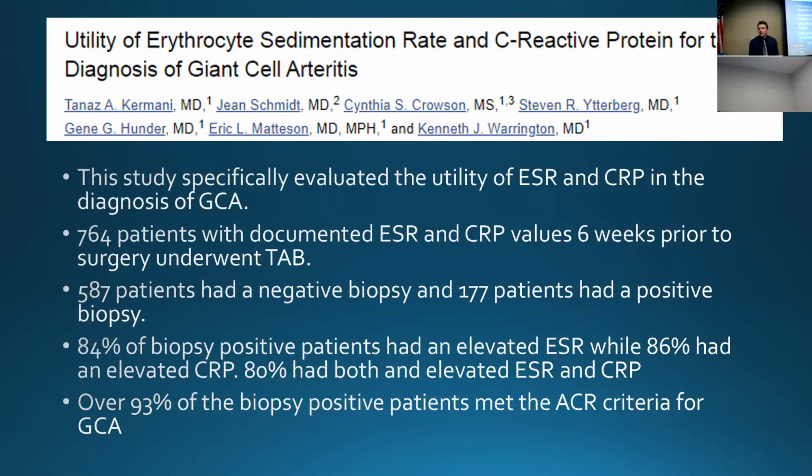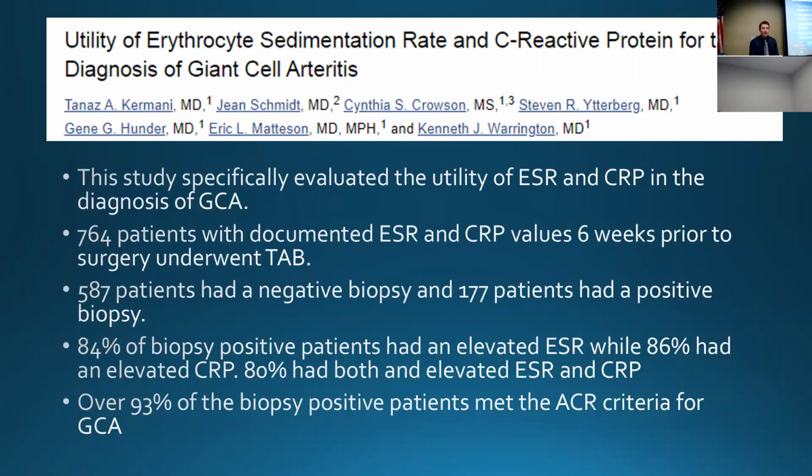Another study I looked at the value of ESR and CRP in diagnosing GCA. So this took a look at 764 patients with documented ESR and CRP values 6 weeks prior to undergoing their temporal artery biopsy or having treatment with steroids. And 587 of them had negative biopsies, 177 had positive biopsies.